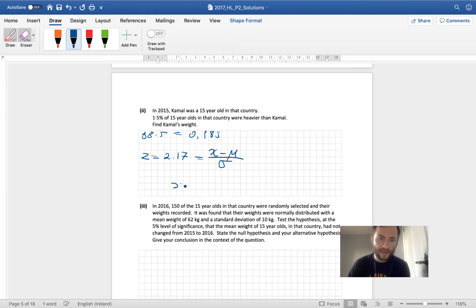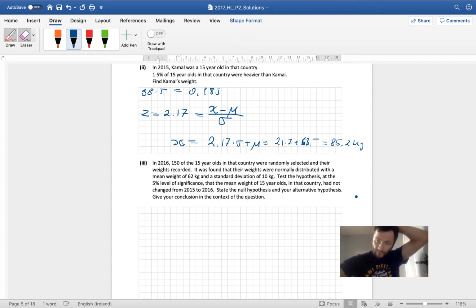So x equals 2.17 times the standard deviation plus the mean, which is equal to 21.7 plus 63.5, which is equal to 85.2 kilograms.